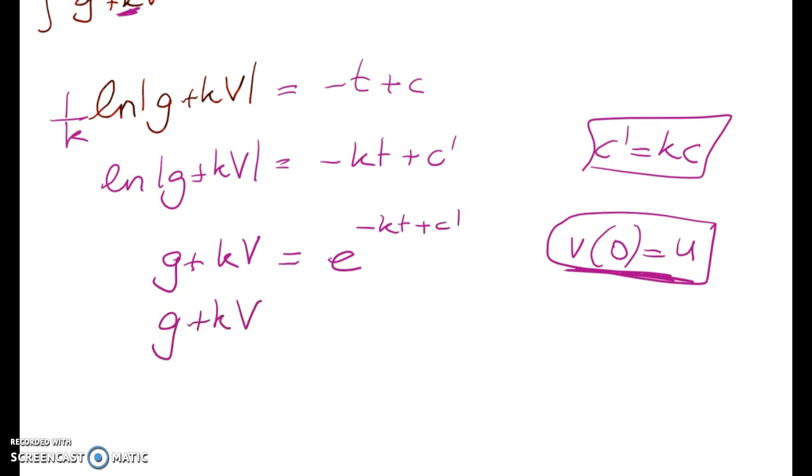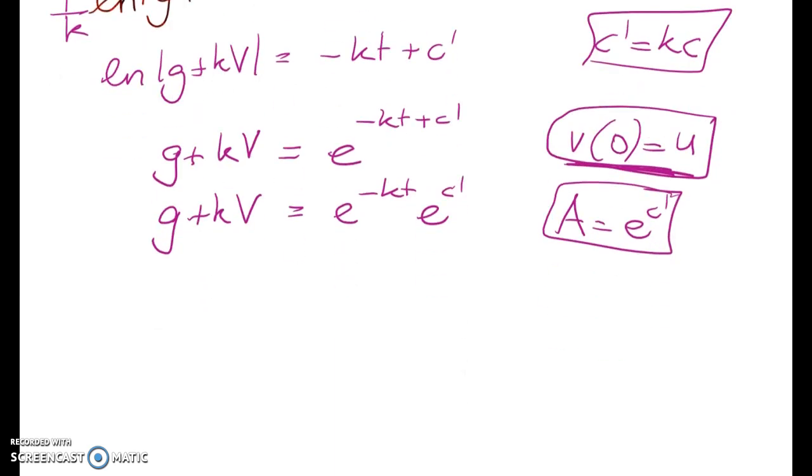So we get g plus kv is equal to e to the negative kt times e to the c dash. And we're going to call e to the c dash big A, so it's just another constant of integration. So we've got g plus kv is equal to A e to the negative kt.